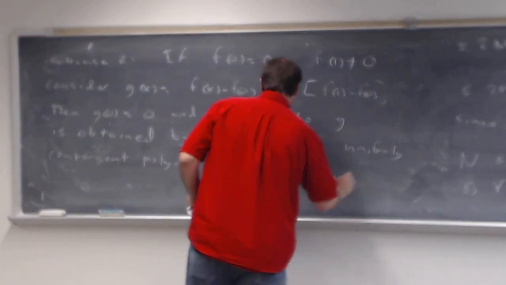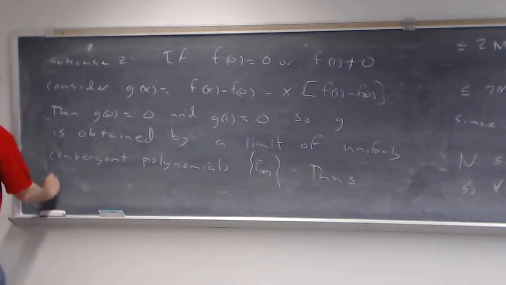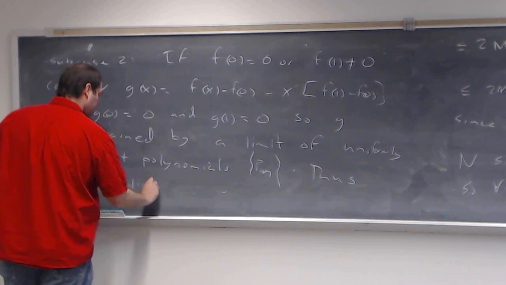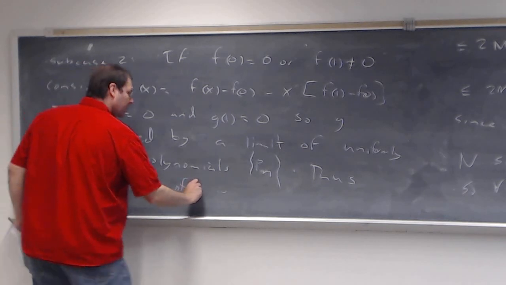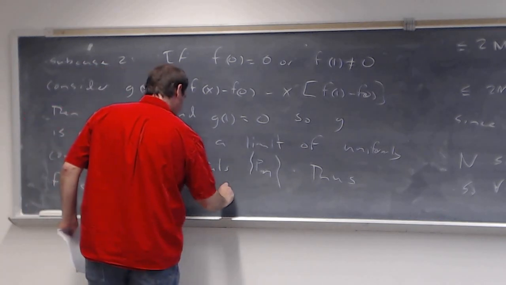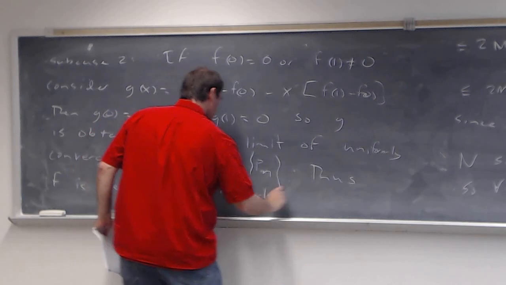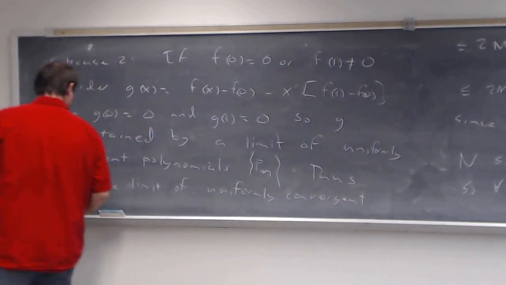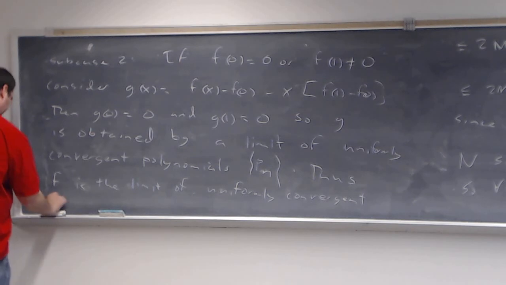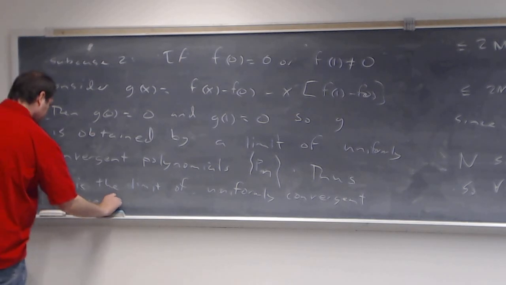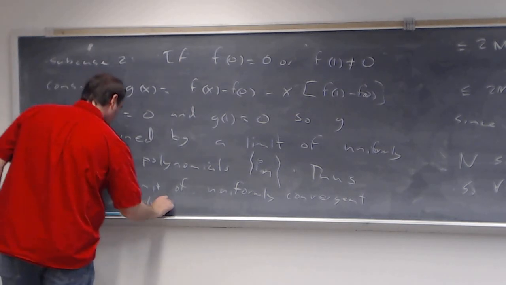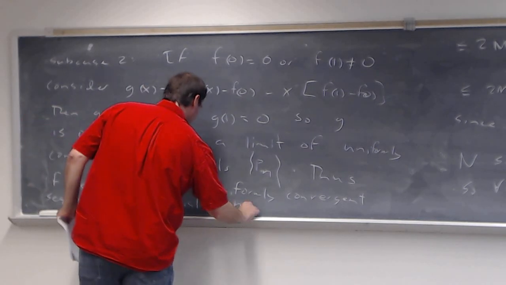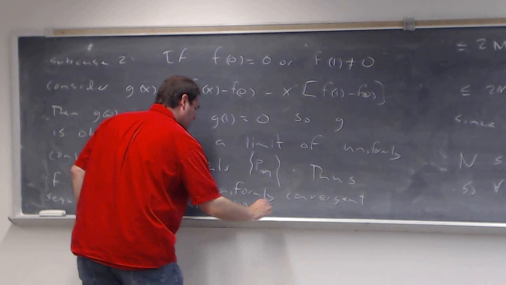Thus, f is the limit of a uniformly convergent sequence of polynomials, namely, okay, so here's what I'm going to use.